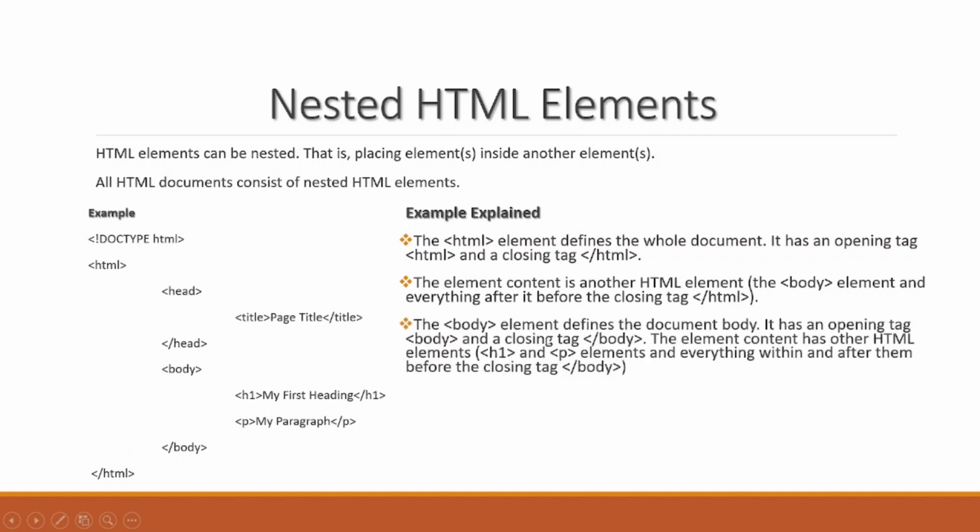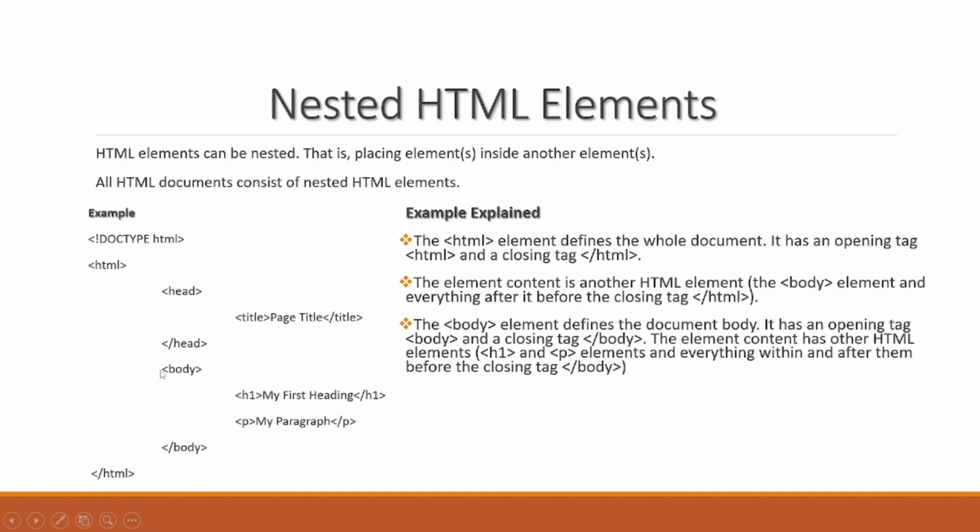Now the body element itself, same as the head, has its own content. Let's talk about the body first. The body element defines the document body. It has an opening tag and a closing tag. The element content has other HTML elements, that is the H1 and P elements, and everything within them before the closing tag.